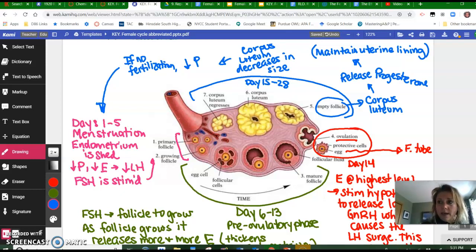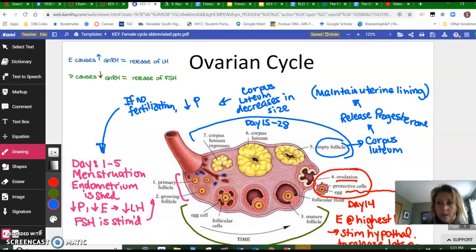And so if we look back up here at our little cheat sheet, remember that when we have progesterone, so we've got lots of progesterone happening at the beginning of the, sorry, this is called the post-ovulatory phase, days 15 through 28. And if we've got lots of progesterone, then that's going to cause less GnRH to be produced.